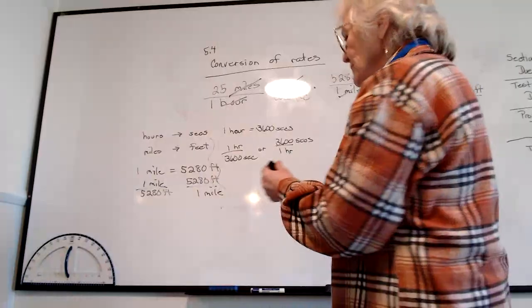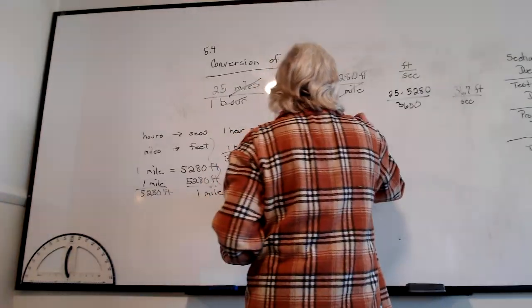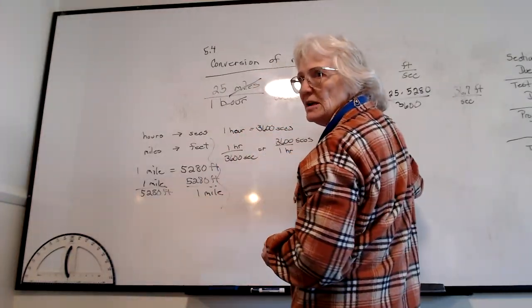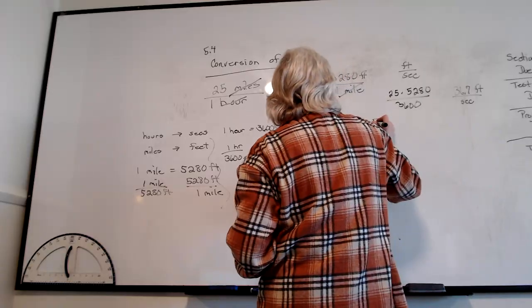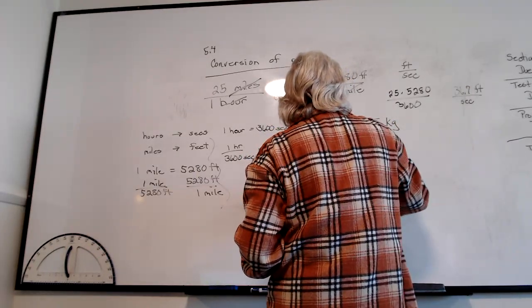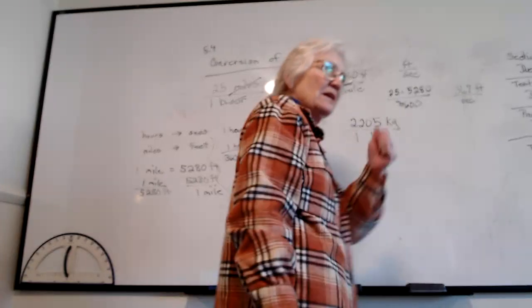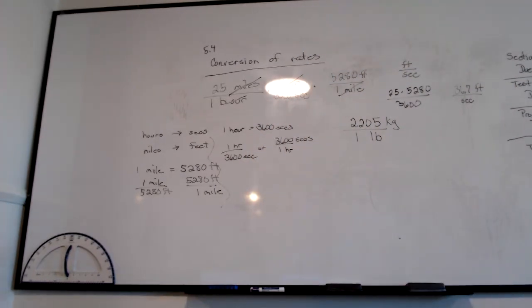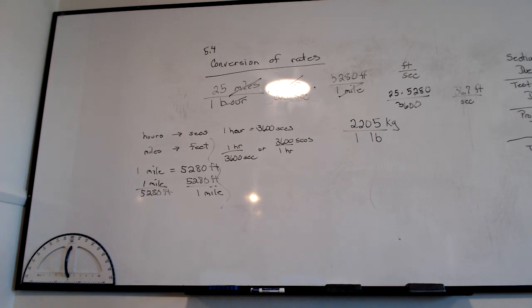Okay, there it is. 2.205 kilograms per 1 pound. So I want you to convert yourself right now. Take what you weigh in pounds and convert yourself to kilograms.